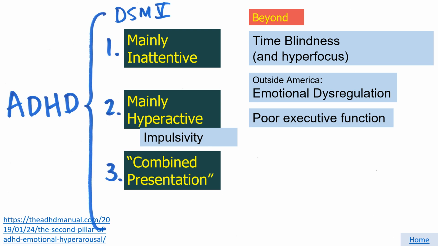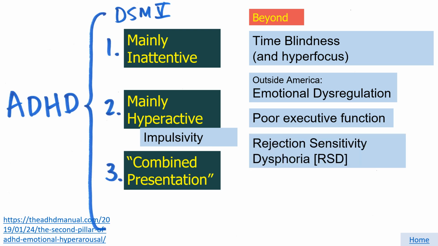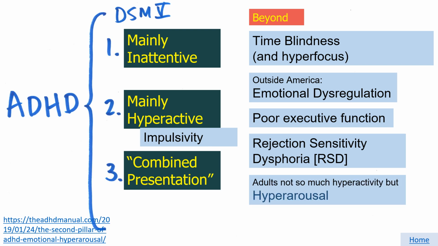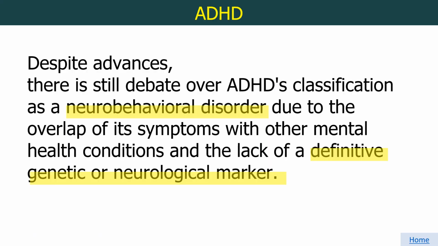Or executive function. Now, executive function is a term we'll look at later on. It's the attitudes and processes we use to manage ourselves. Rejection-sensitive dysphoria, hyperarousal, and PDA, pathological demand avoidance. Pretty grim list, but there is hope, and we'll consider that along the way.